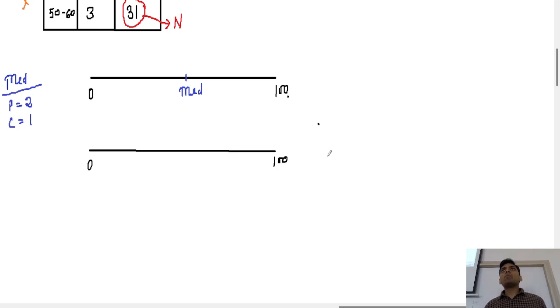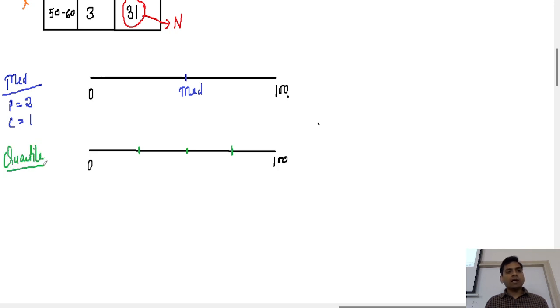How many fourth parts can be created in this? 4. And how many cuts are required to get 4 parts? 3 cuts. One cut is in the middle, the second cut is half of half, and the next cut is this. 3 cuts.